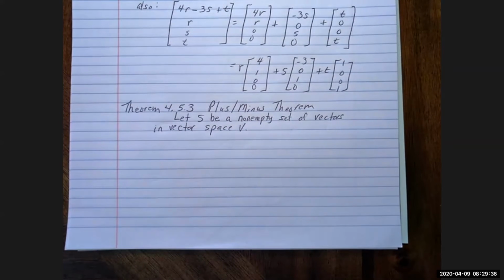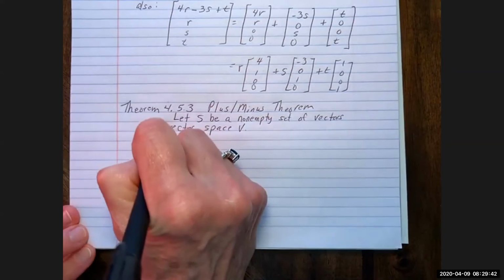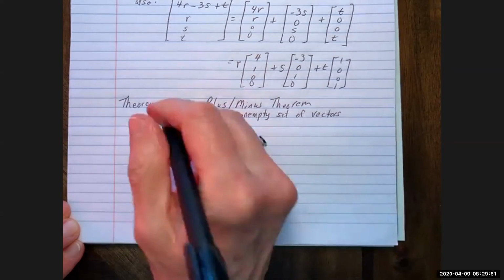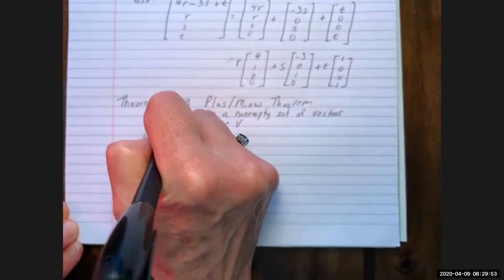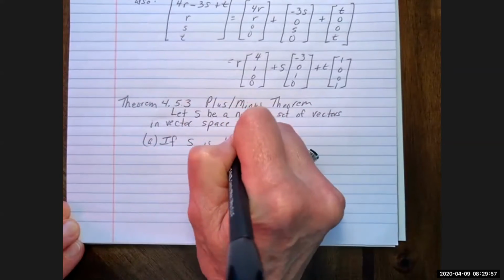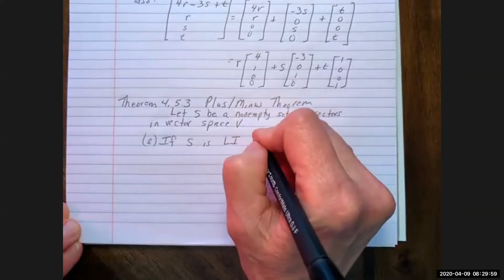Okay, so we're just going to start with a set of vectors. Has to be non-empty in a vector space. The first part says, if there's a vector that's outside of that set and it's linearly independent, you can add it. So if I'm going to shorthand here, linearly independent.